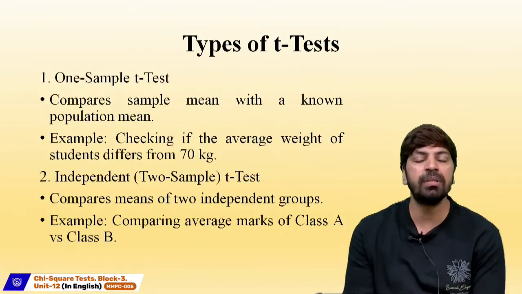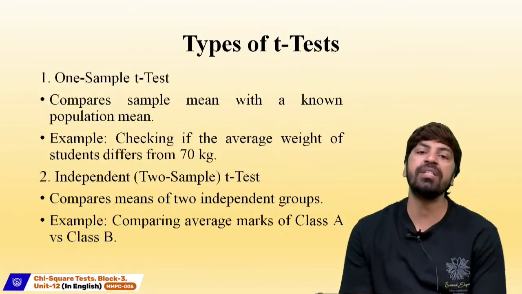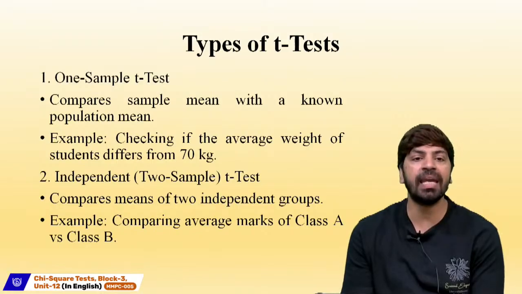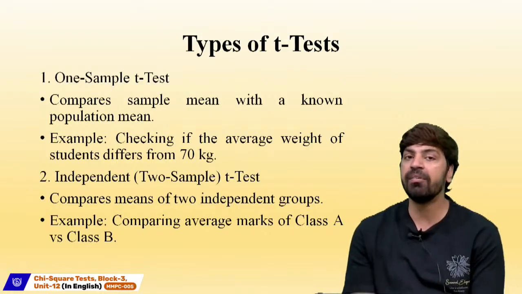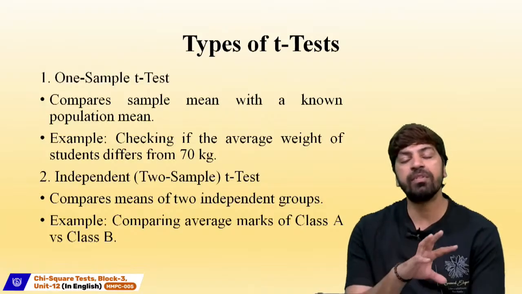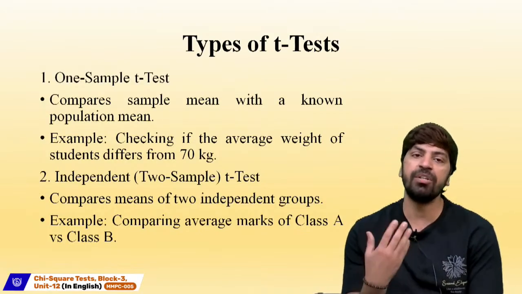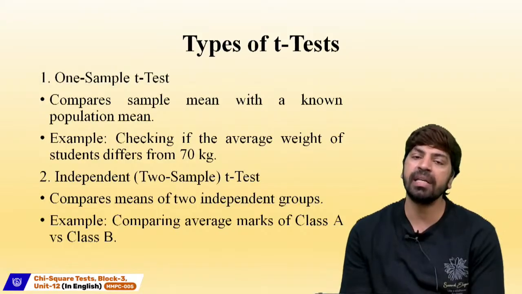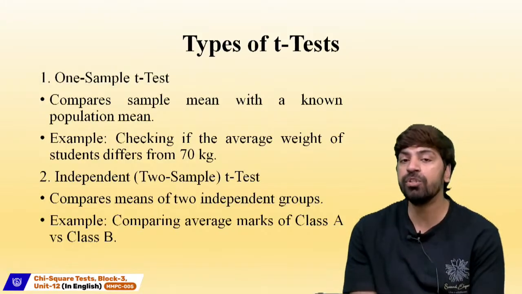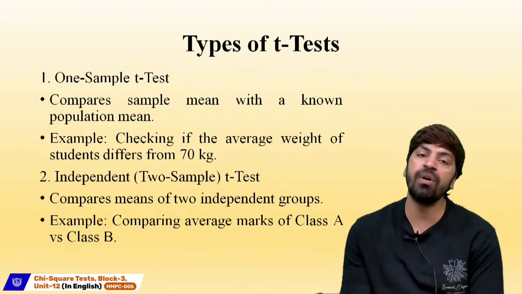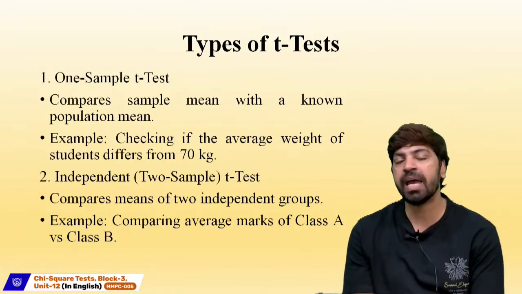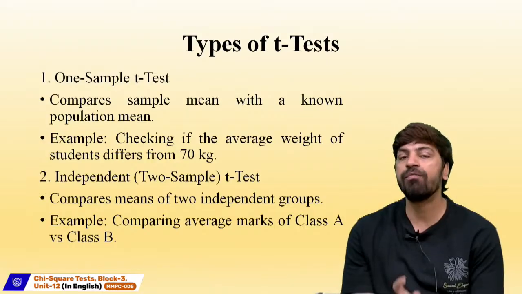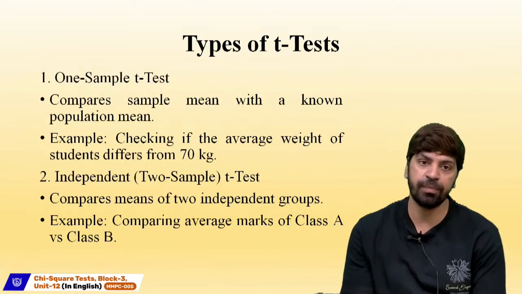For example, comparing the average marks of class A versus class B. If we are comparing the means of these two classes, we use the independent t-test, and it is mentioned in the question which test you have to follow in making a comparison of two independent groups.